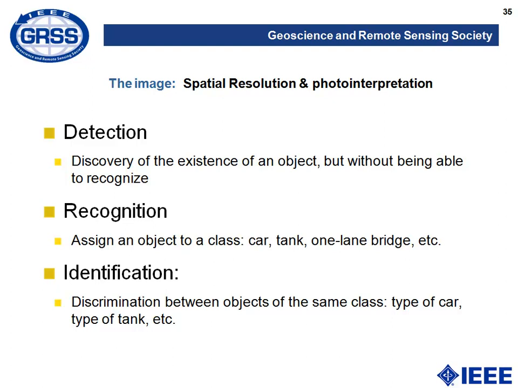So, defined from a user or usability point of view, the Earth observation architecture has a useful tool, which is to define with the end user the levels of detection, recognition and identification required for this application or usability.